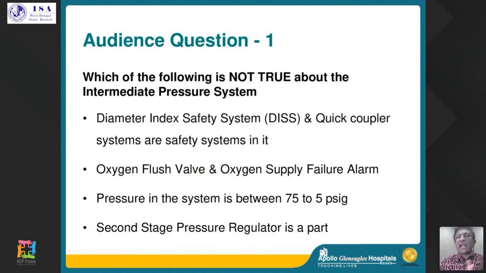I think we can see around 240 of you there. All you have to do is, this question has one correct answer. Which of the following is not true about the intermediate pressure system? Whichever you think is among these 4 options is not true, which has appeared on your screen on your right hand side, just tick on that.